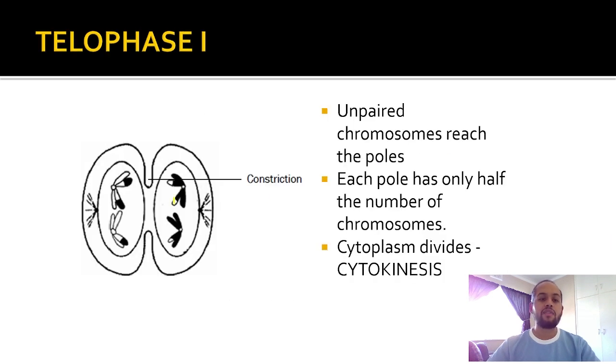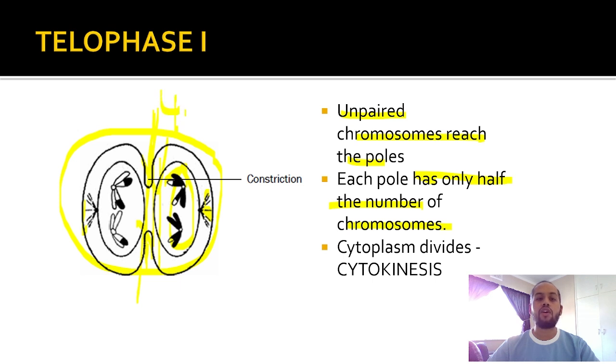So what occurs in telophase 1? You now clearly notice that that one cell that you originally had starts to divide into two cells. So your unpaired chromosomes have reached the opposite poles, as you can see here. Each pole has only half the chromosomal number. So originally there was one cell with 4 chromosomes, but now each cell after it has split is going to have half the chromosomal number.